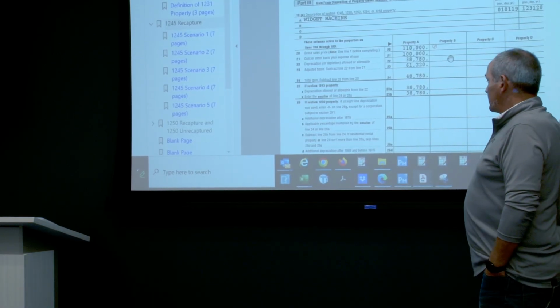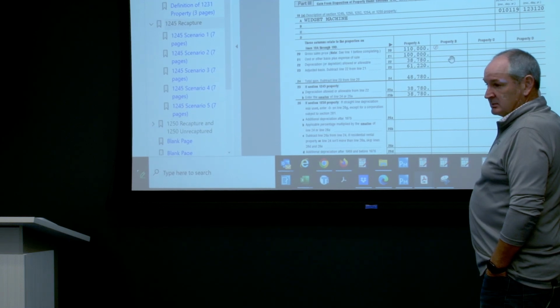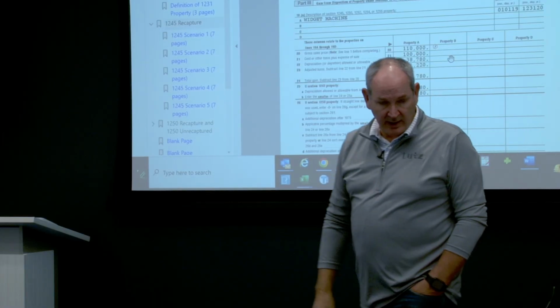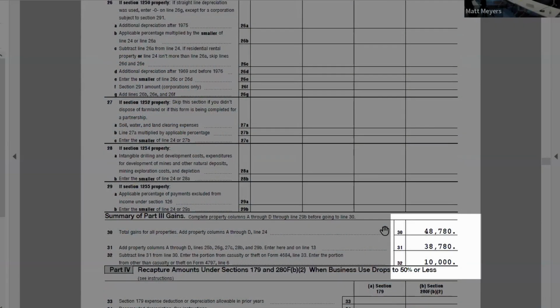So the sum of all these lines is 48,780, is it not? Yes. The sum of all these lines happens to be 38,780, and then we have to populate the amounts below. Okay, so there's the 48,780, there's the 38,780, and then there's the 10.